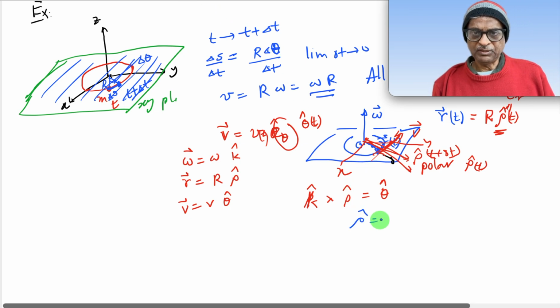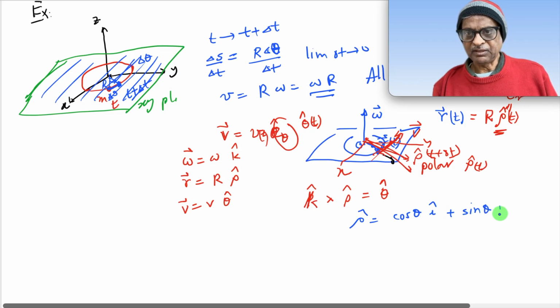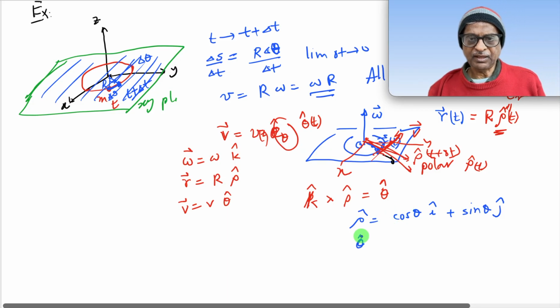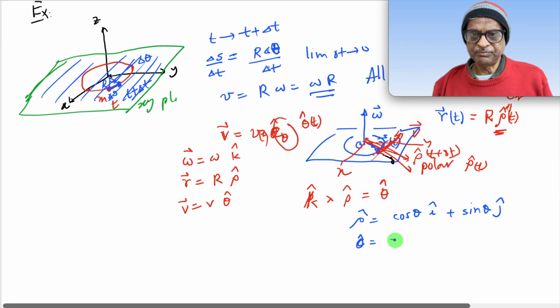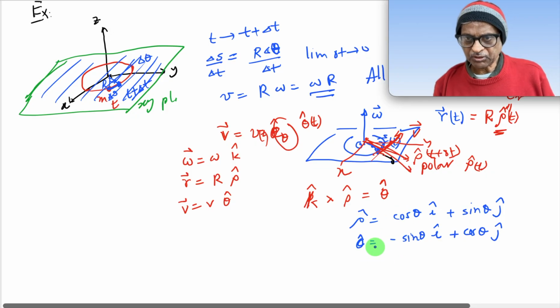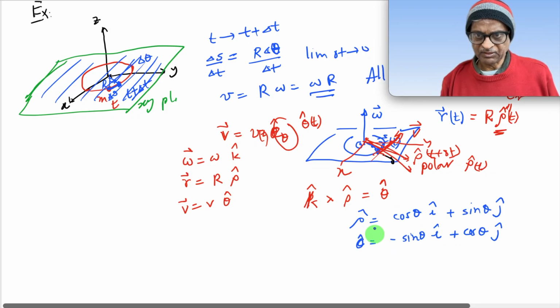Rho hat is going to be cosine theta i hat plus sine theta j hat, from before when we talked about polar coordinates, and theta hat will be minus sine theta i hat plus cosine theta j hat. You can see if you take a dot product of this with this, you should get 0, and k hat is k hat. So using this you can check that.